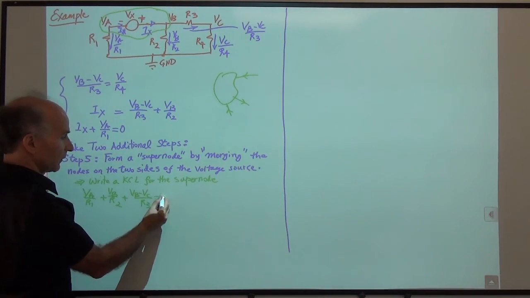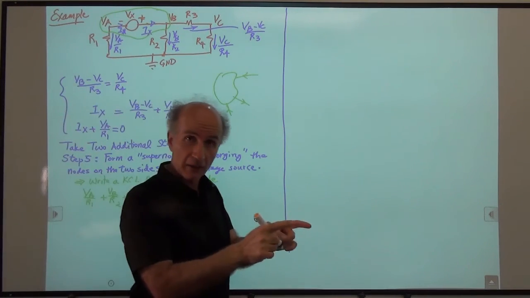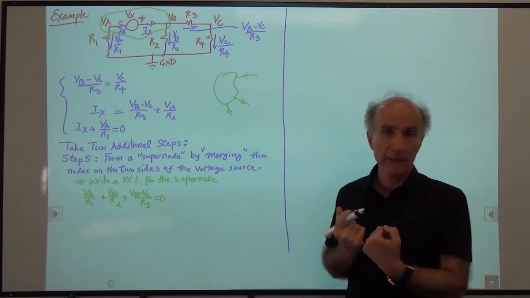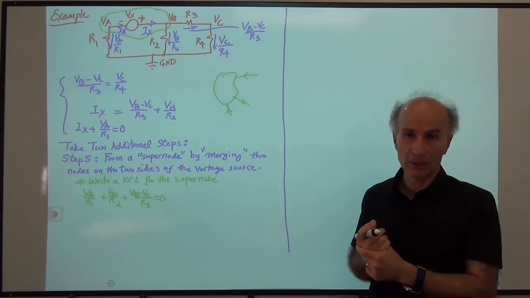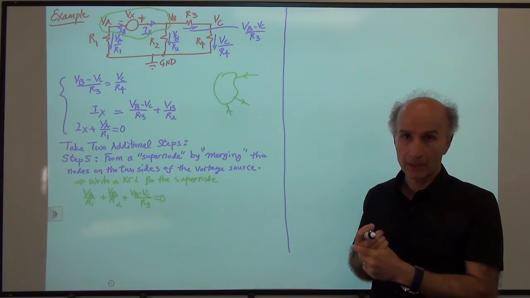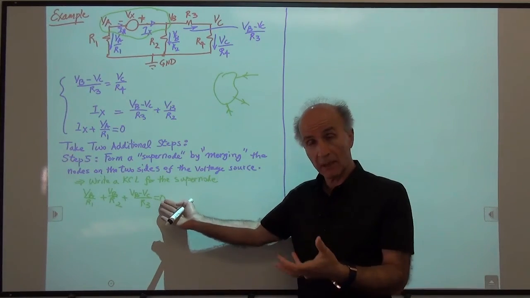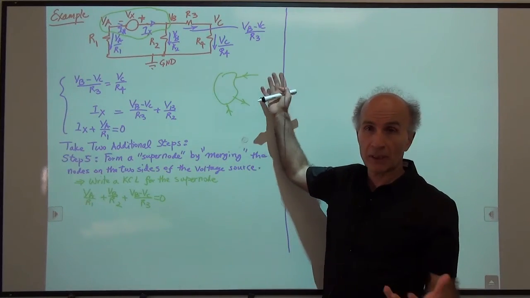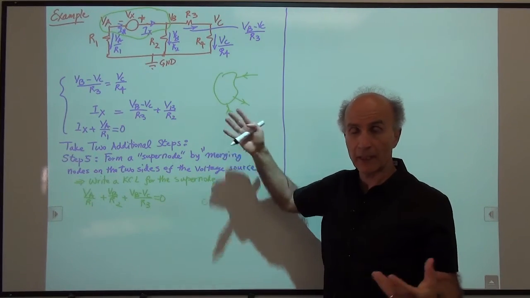And the result is 0 because we don't have any current going in. All of the currents that we have shown on the circuit happen to be coming out of this green box. I can write this equation because KCL must hold for any system. Charge cannot disappear, so all of these currents have to add up to 0.